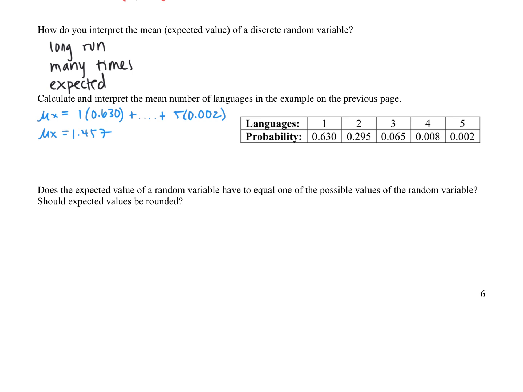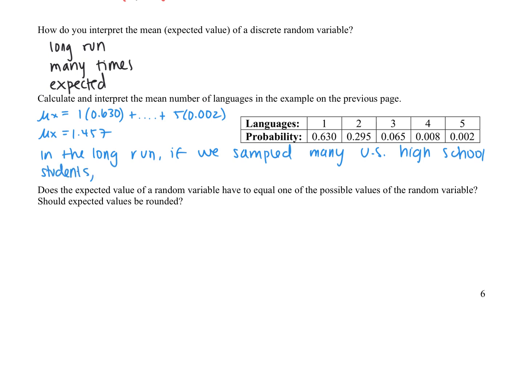Yes. Okay, so then if we interpreted, we would say something like, in the long run, if we sampled many U.S. high school students, the average number of languages spoken would be 1.457 languages.